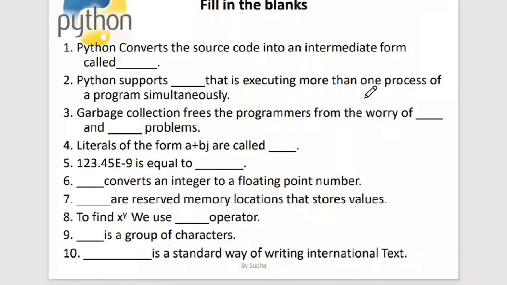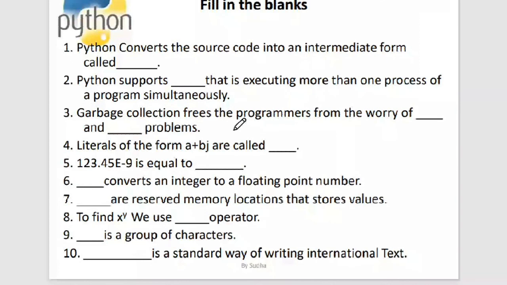Garbage collection. So memory leaks and dangling problems. You might have learned this dangling pointers concept and memory leaks problems. Those problems will not be there because with garbage collection the programmer needn't worry about how to clean up the memory and all that.